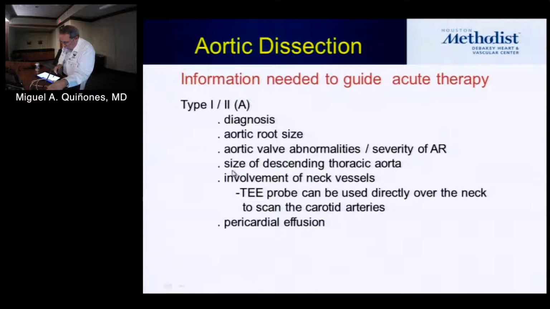And then you want to look at sizing of the descending thoracic aorta, because both type 1s and type 3s, the false lumen can enlarge to a point that could become a problem. And in fact, once you have treated the acute condition, either with medicines for a type 3 or with surgery for a type 1, what is left now is following up the descending aorta.